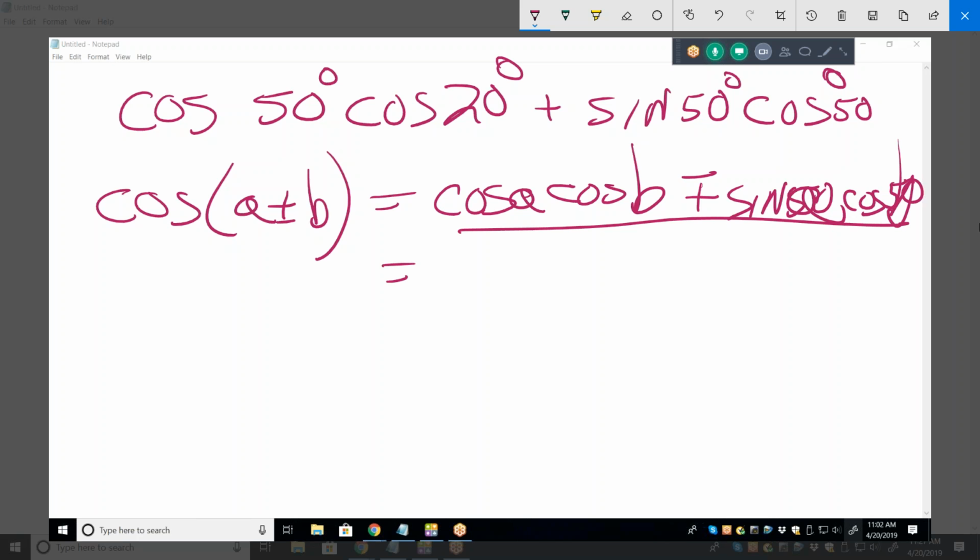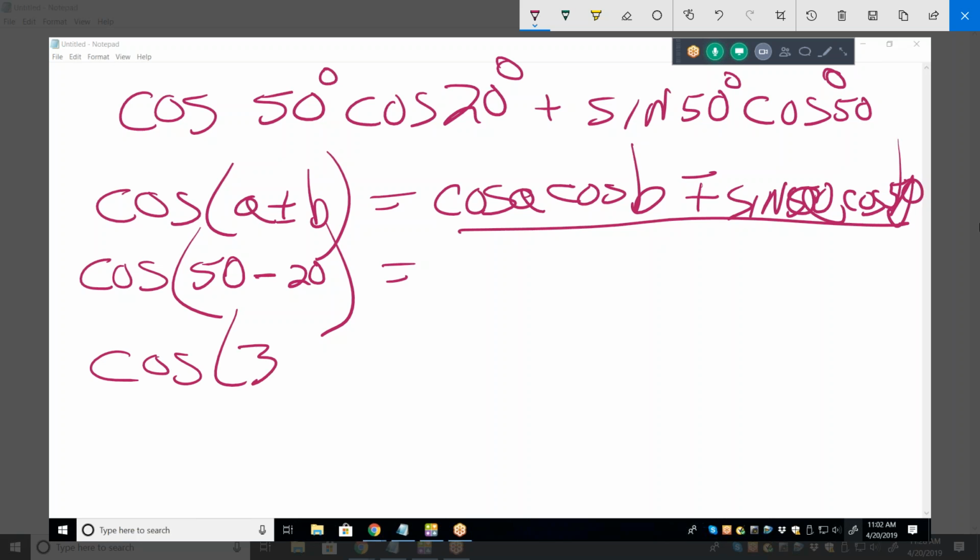A is 50, B is 20. So what they're really talking about is the cosine of what? Is it 50 plus 20 or 50 minus 20? It would be minus. Notice we know that one.